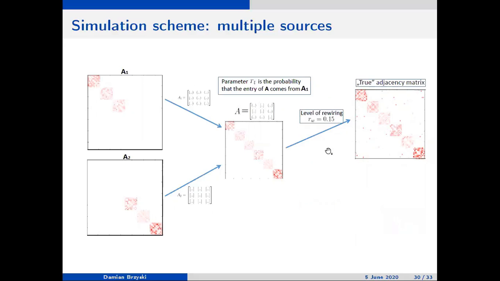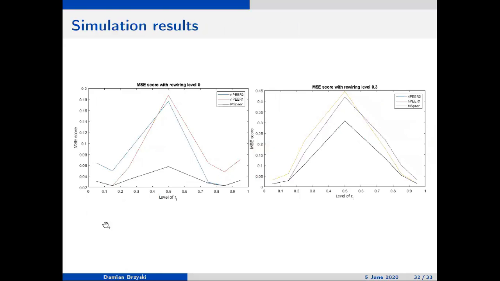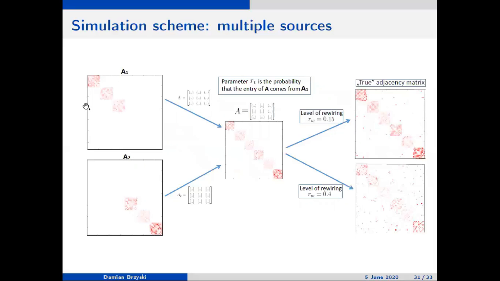And on the x-axis, you have the probability of selecting elements from the first matrix. So at the beginning of the path, you are selecting almost only the second matrix, because you have a small parameter r_t, so a small probability that you will select entries from the first matrix.